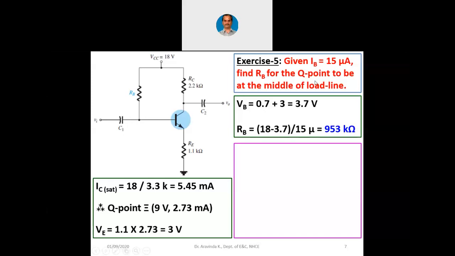So by finding out beta, you can substitute that value of beta in the value of IB. Because you know the formula for this particular circuitry, IB is VCC minus VBE divided by RB plus 1 plus beta into RE. All other things we know, we don't know beta, we don't know RB. Now if we find out beta, we can easily find out RB using the equation of IB.